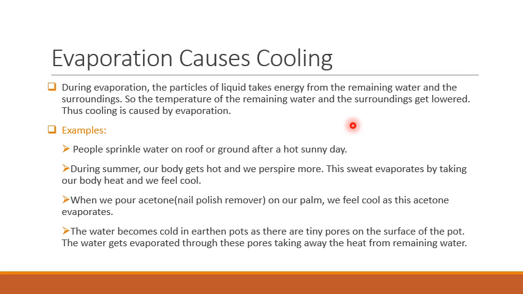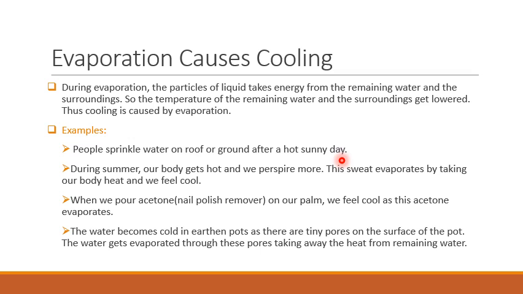Now let's see few practical examples of this cooling effect of evaporation. So during summer, people sprinkle water on the roof or ground after a hot sunny day. So what happens when water is sprinkled on the roof which has become hot during the day?